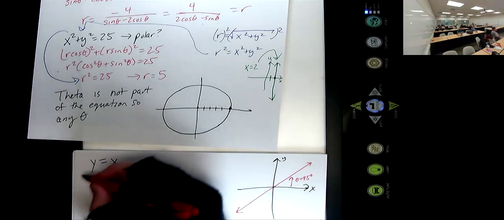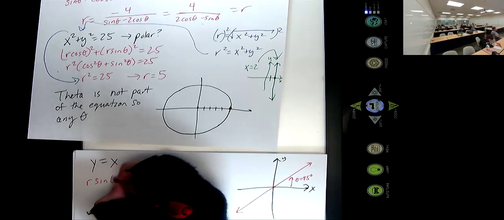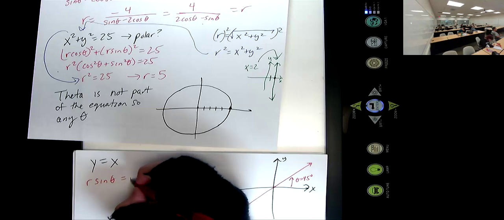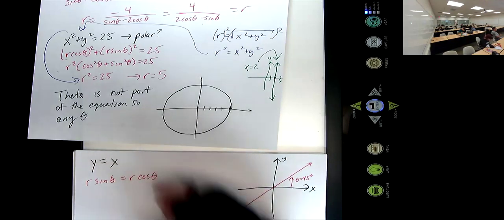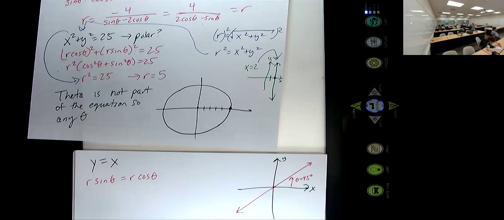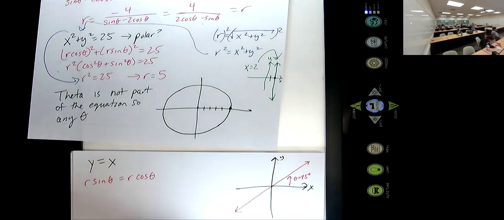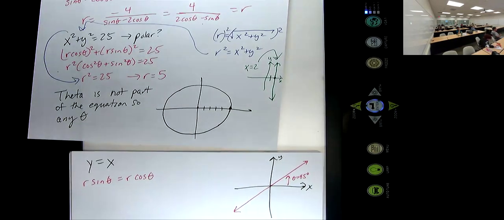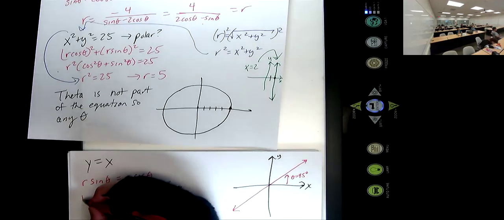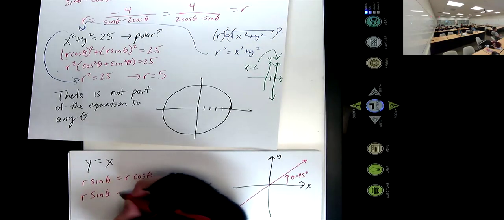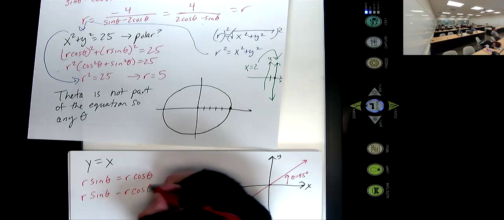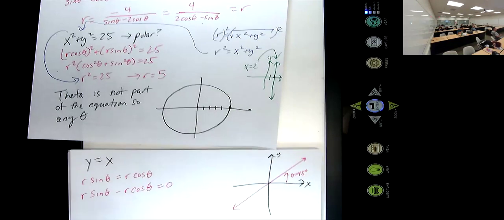If I plug in what we got, r sine theta equals r cosine theta. You really don't want to divide by r. You want to move one over by subtracting it. We're going to practice your algebra here.